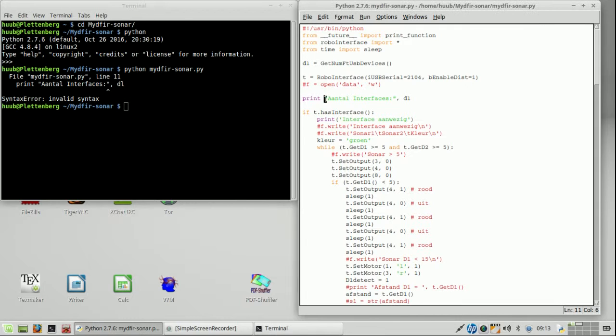So I have to do it here as well, and I made a mistake some time ago with the brackets, so I have to put them here instead of here.